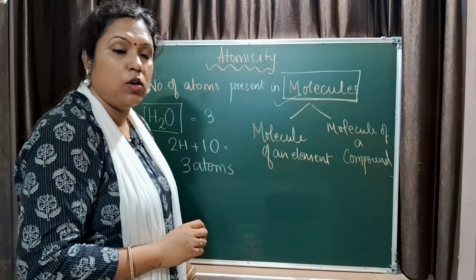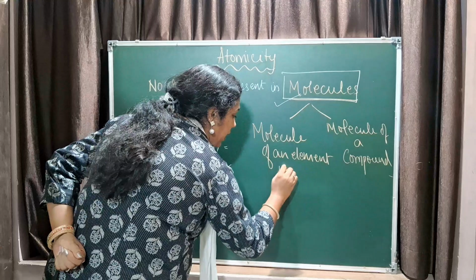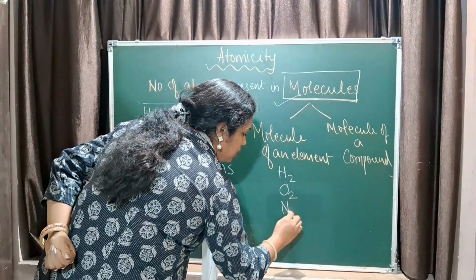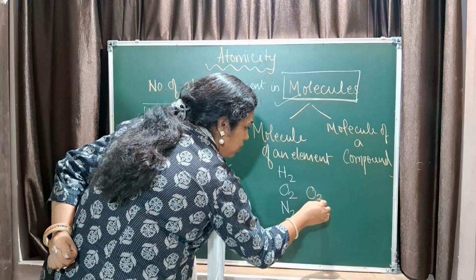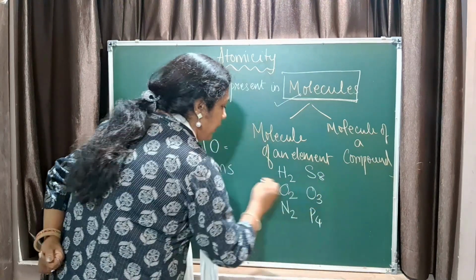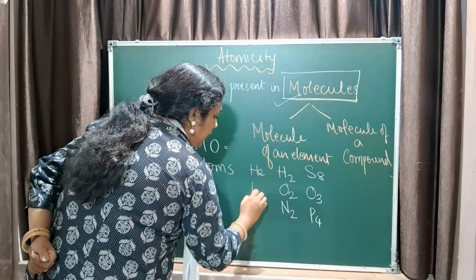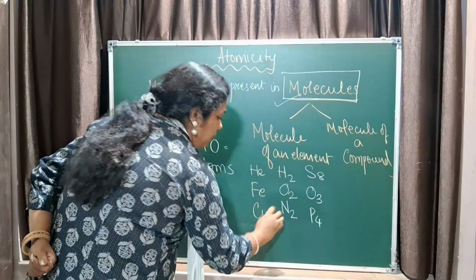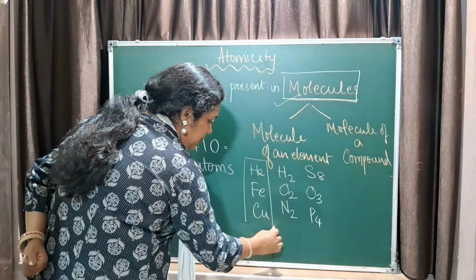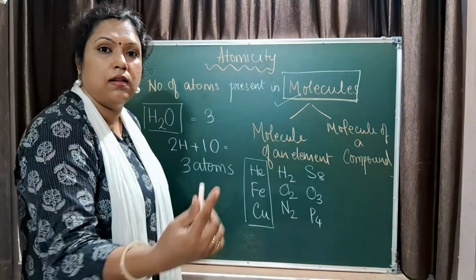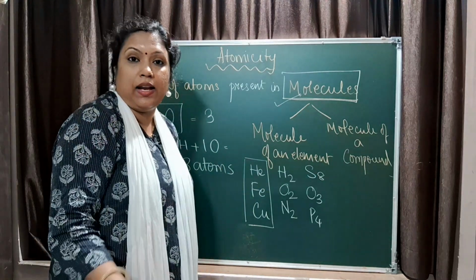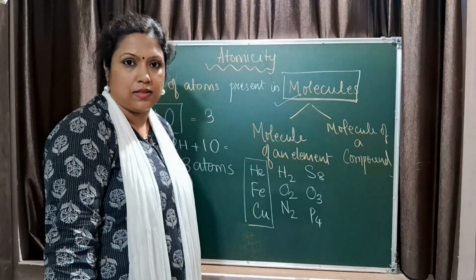It can be a molecule of an element like hydrogen, oxygen, nitrogen, ozone, phosphorus, sulfur, helium, iron, copper, right? So you can see that some elements exist in single atom form. So here even the atom forms, you can say they are independent, they are of independent existence.